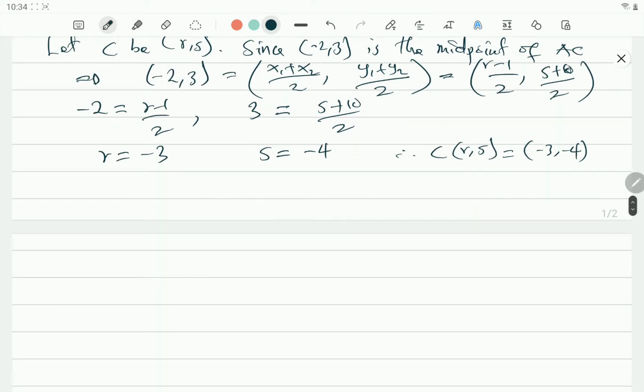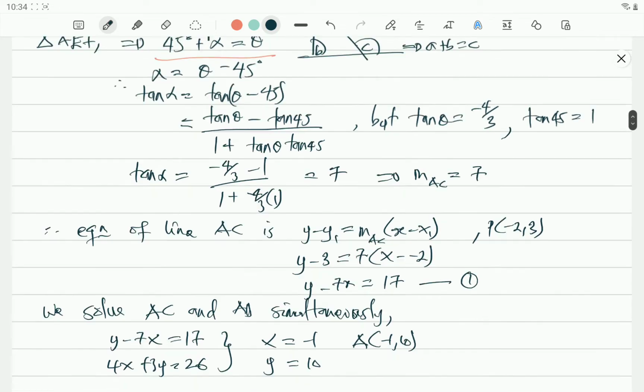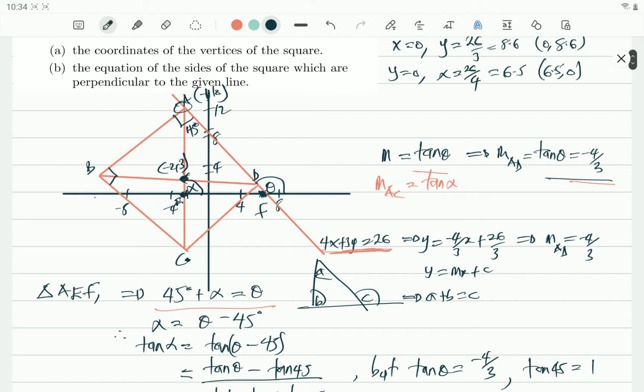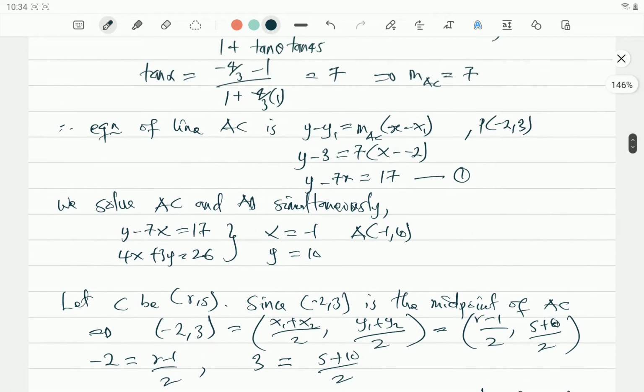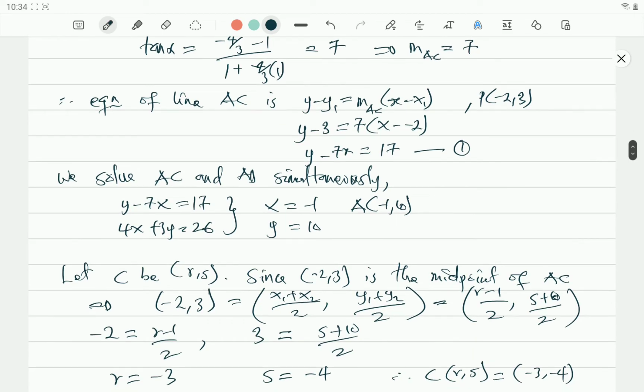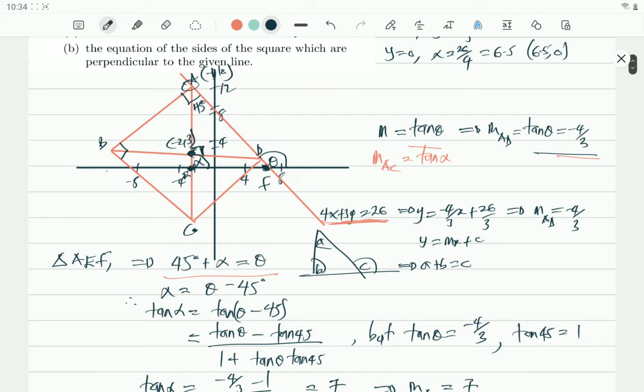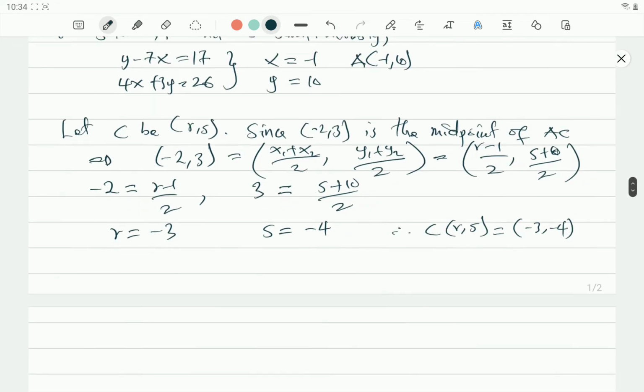Now another interesting thing is we know that BD is perpendicular to AC. When we go back to the diagram, we know that the two diagonals are perpendicular. I can indicate the perpendicular sign there. So since the two diagonals are perpendicular and we know the gradient of AC, we can find the gradient of BD, right? We just found the gradient of AC to be tan alpha, which we had as 7. So we can find the gradient of BD as minus 1 over 7.